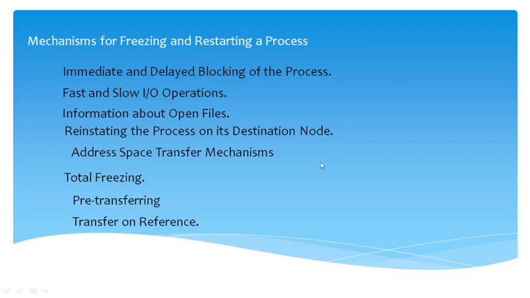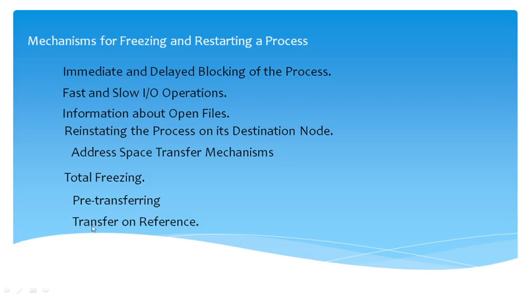In the total freezing method, a process execution is stopped while its address space is being transferred. But in pre-transferring, the address space is transferred while the process is still running on the source node.